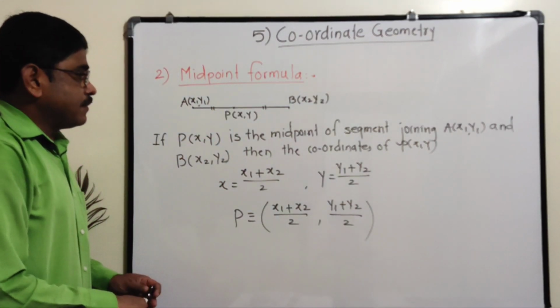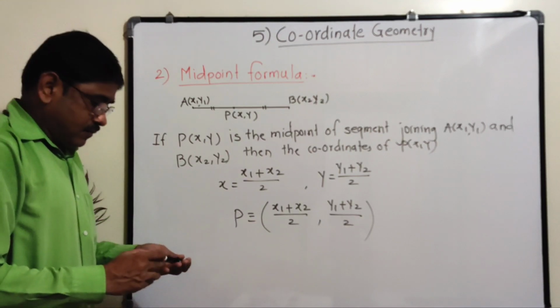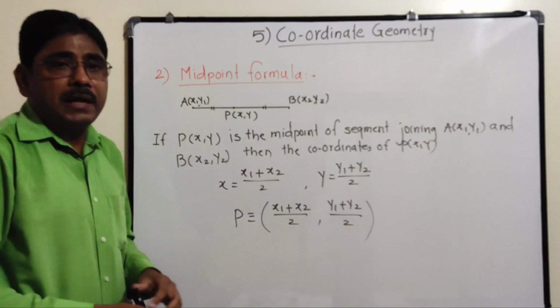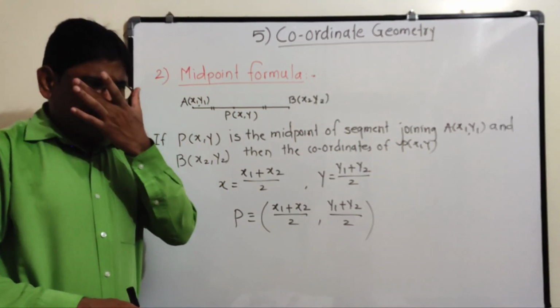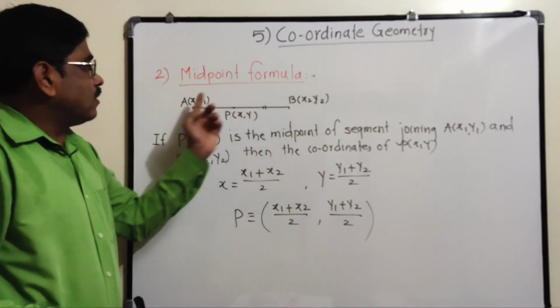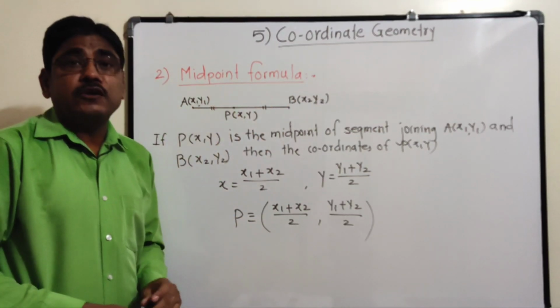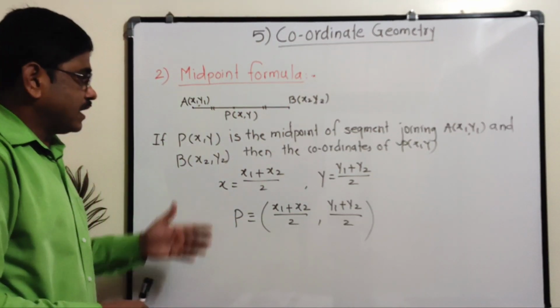So in this way, this is the midpoint formula. We can use this formula when the midpoint of the segment is given and the coordinates of any 2 of the 3 points are given.